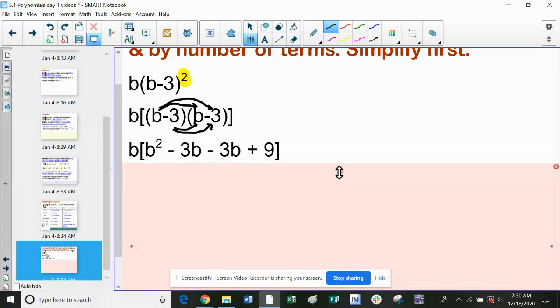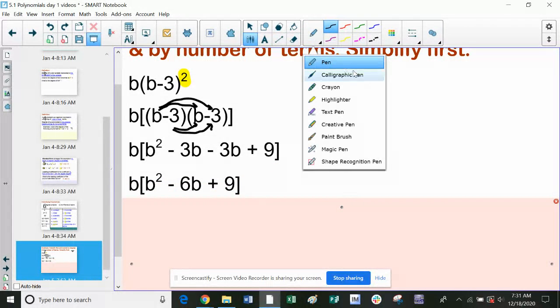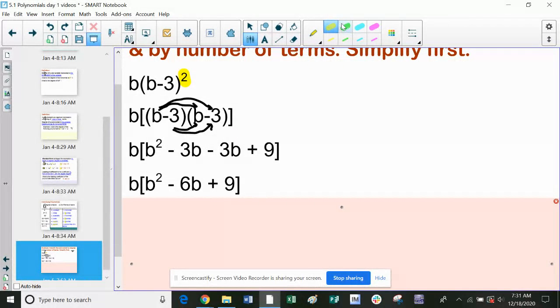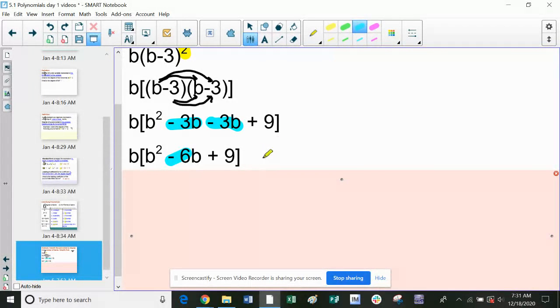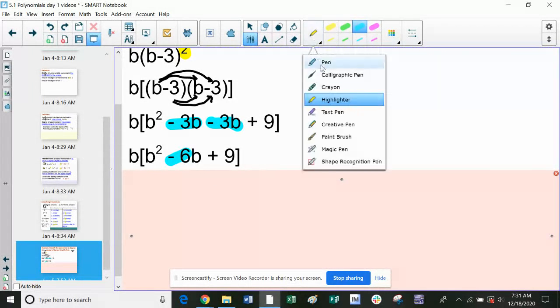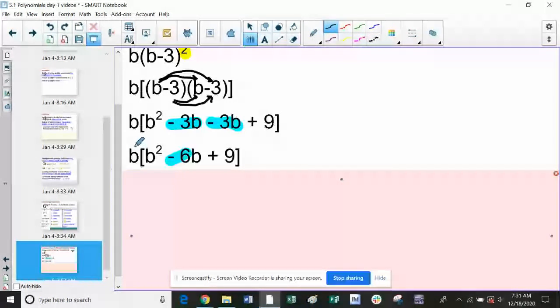Okay, now you've done that, clean up the stuff inside the brackets. You've got some like terms there. Let's pick a different color. I've got a negative 3b and a negative 3b. I can combine like terms, so that becomes negative 6b. So now, once you've done this and you've cleaned up the inside, now you can go and do your multiplication with this little b that's been sitting on the outside for so long and waiting so patiently.